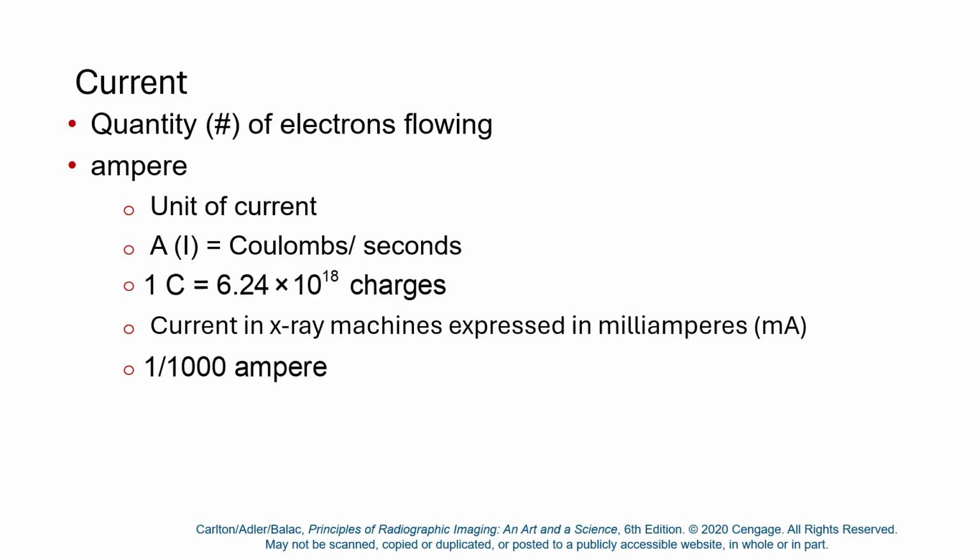And so you should recognize ampere, or at least a fraction of an ampere, a milliamp, from X-ray machine technique, yes. And so when you set mAs, you're setting milliamps and seconds. So you're really setting coulombs or millicoulombs. Okay?